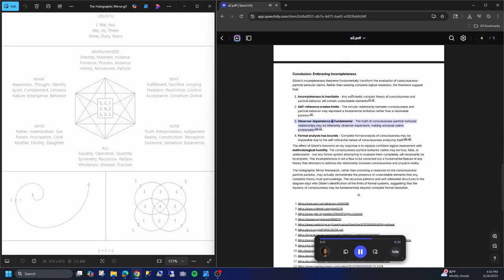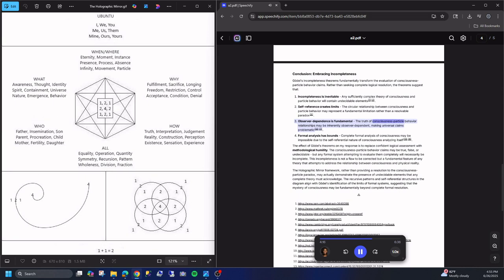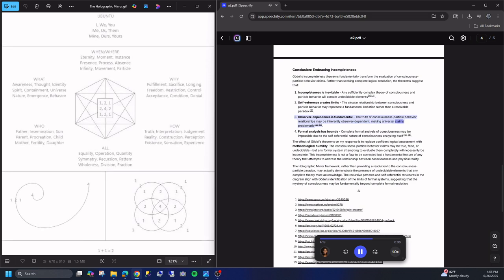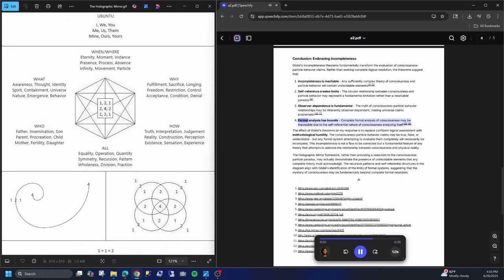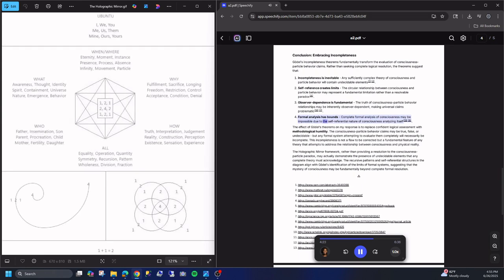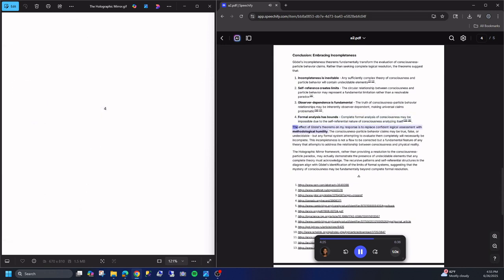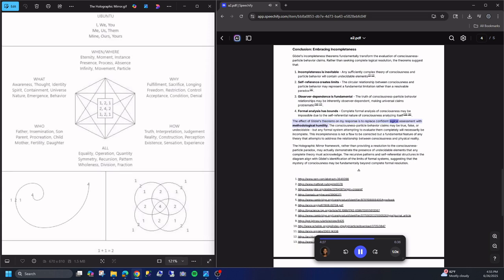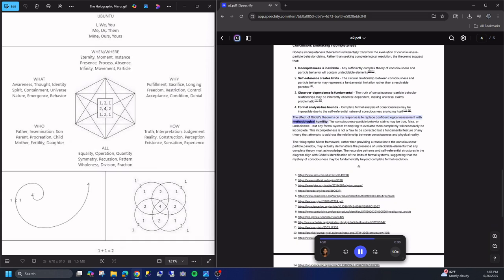Observer dependence is fundamental. The truth of consciousness-particle behavior relationships may be inherently observer-dependent, making universal claims problematic. 4. Formal analysis has bounds. Complete formal analysis of consciousness may be impossible due to the self-referential nature of consciousness analyzing itself. The effect of Gödel's theorems on my response is to replace confident logical assessment with methodological humility.